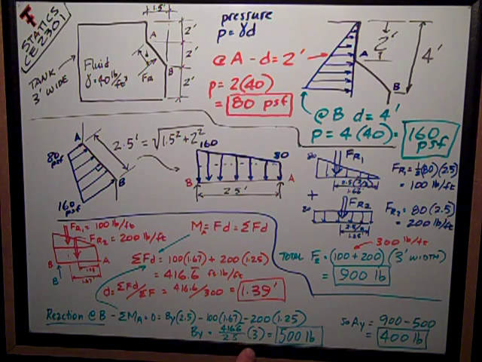Then I want a force and not just a force per foot. That makes that reaction at B over the whole width of the tank 500 pounds. Sum of forces, I can figure out what the reaction at A is. 900, the total resultant force, minus 500, my reaction at B, makes it 400 pounds at A.